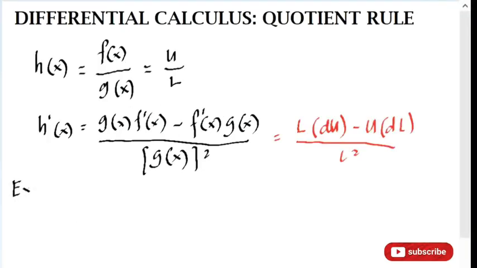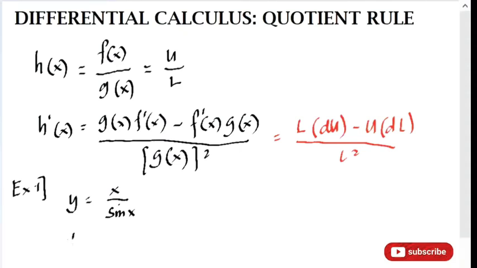So if you have here example number 1. Let's solve this one. If y is equal to x over sine of x, what is the derivative of y or y prime?